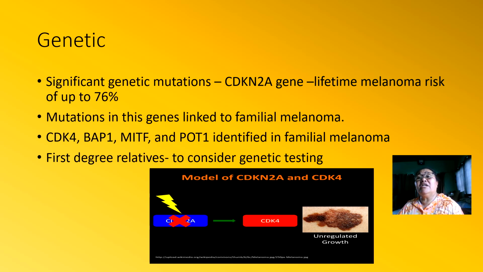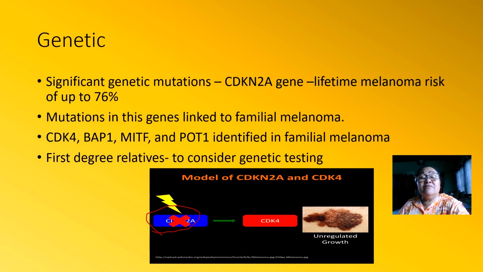The most common inherited mutation is in the CDKN2A gene, which normally helps regulate cell growth and prevent cells from becoming cancerous. When this gene is altered, the risk of melanoma increases significantly.